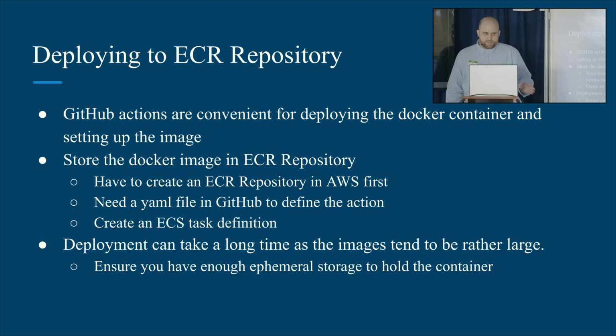So the big thing to worry about there is to make sure you configure your ECR repository to have enough ephemeral storage to hold the container. You don't need to worry so much about the other memory variables. Those can be left at their default amount, but the ephemeral storage is what you want to worry about there.